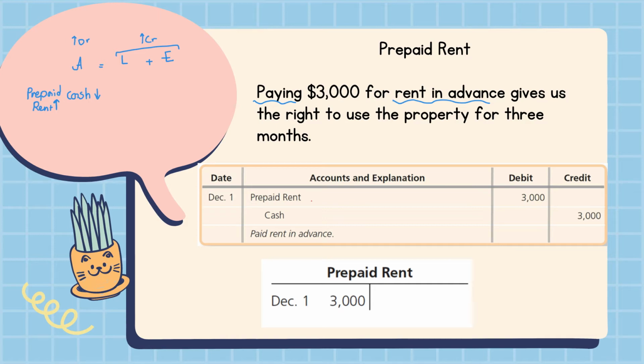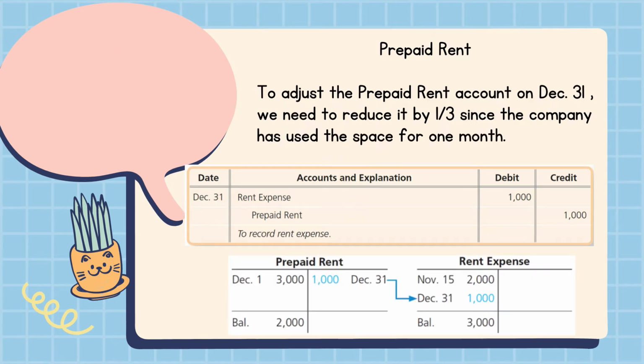Okay, so prepaid rent, an asset, increased, cash, an asset, has decreased, and the amount is 3,000. This is on December 1st. Now at the end of the period, at December 31st, I need to record the adjusting entry.